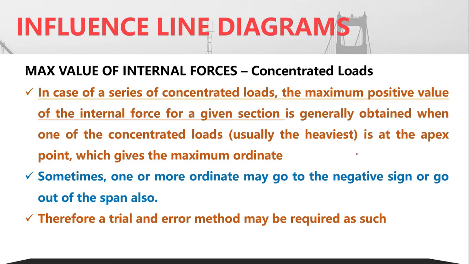So if you have a beam like this, and a section C here, now if a train of loads passes this bridge or this slab, at one particular position this section will have a maximum value of bending moment and a maximum value of shear force. So what is that maximum value? What is that maximum value? That maximum value of internal forces at a particular section is what we shall discuss.